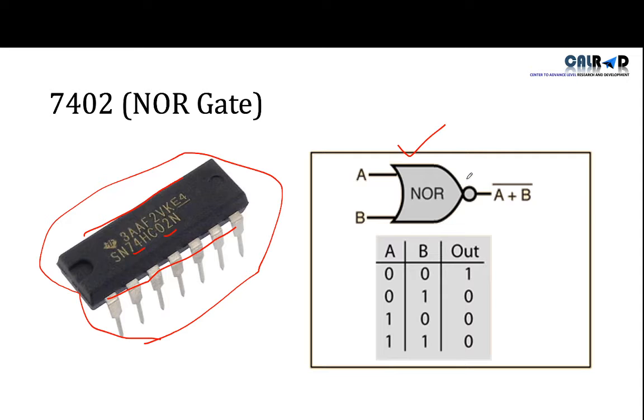Actually NOR gate is having one NOT gate, that's why it is NOR gate, and this is the representation of NOR gate. This we already studied in our gates, and this is the truth table for NOR gate, in which if the inputs are 0 0 then the output will be 1, if the inputs are 0 1 the output will be 0, if the inputs are 1 0 then the output will be 0, and if the inputs are both 1 still the output will be 0.